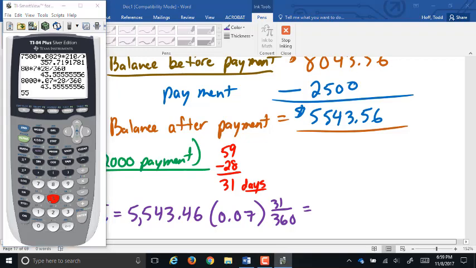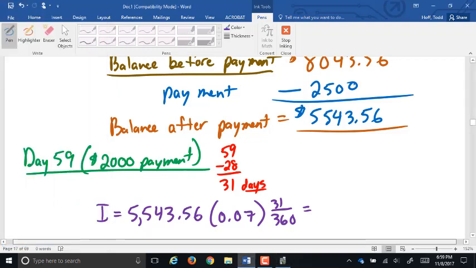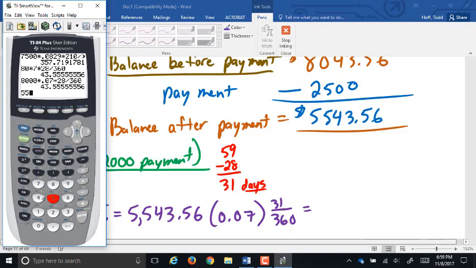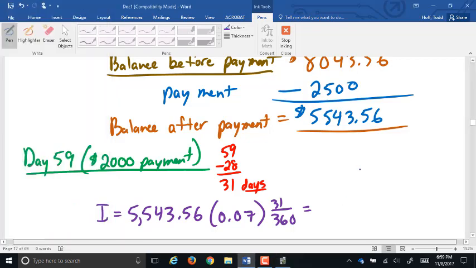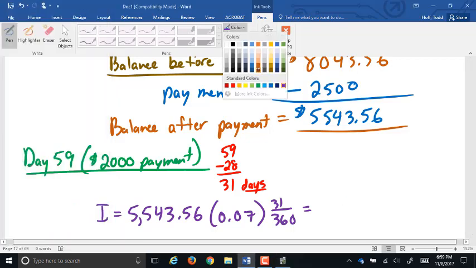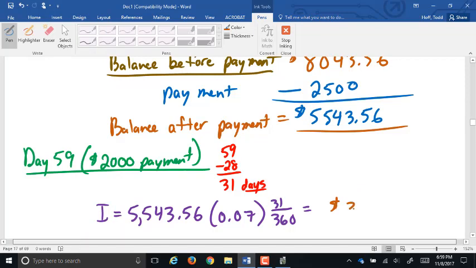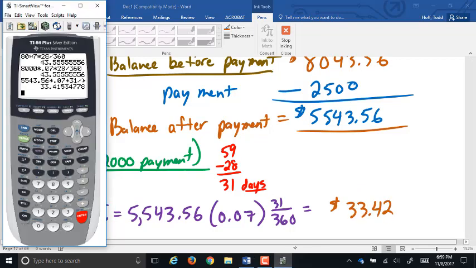Oops, that should be 56, shouldn't it? Thank you. So $33.42 is our interest.